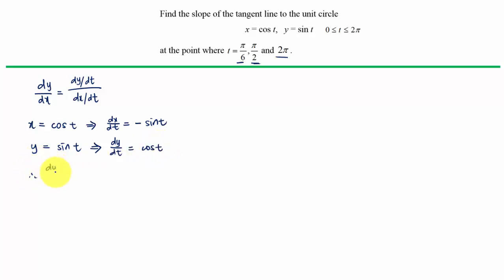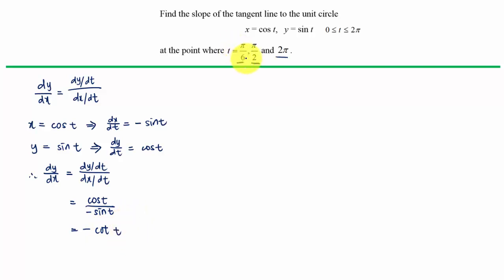So the slope dy/dx will be given by dy/dt divided by dx/dt, which is equal to cosine t over minus sine t, which can be simplified to minus cotangent t. So this is our expression for the slope of the tangent line.